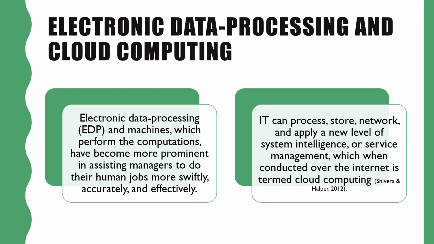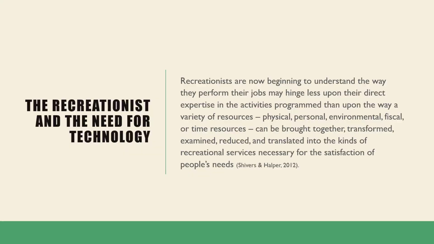Through this week's case study, you will learn firsthand of some of the issues with master computers, which is a concept that already seems really archaic, but the limitations of master computers and multiple site-specific systems and databases develop the need for the ability overall to process, store, and apply system intelligence online, which the authors refer to as cloud computing. But what does this all mean to those working within the recreation and parks field?